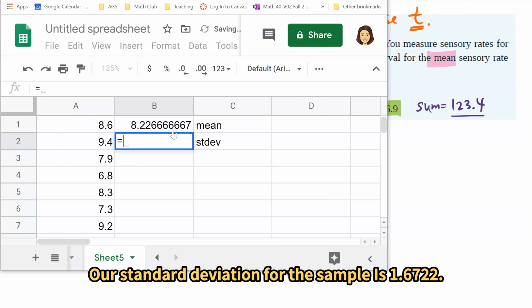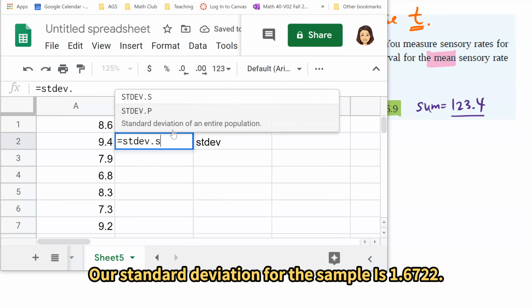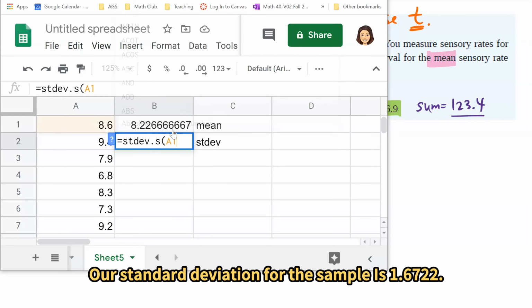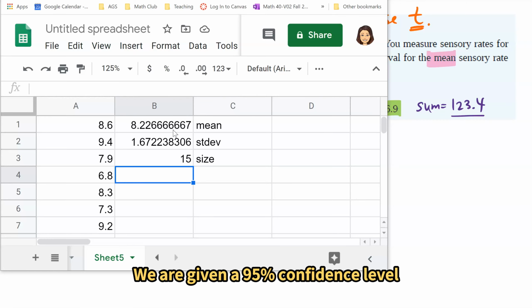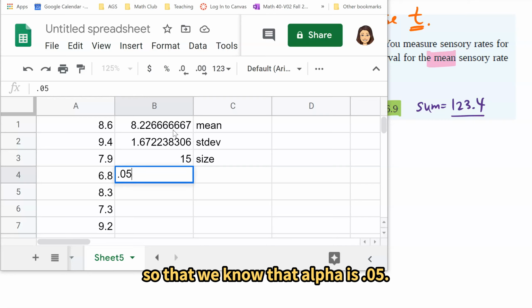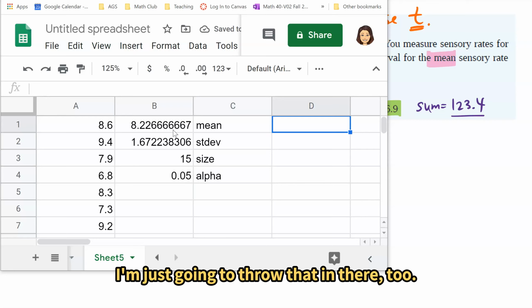Our standard deviation for the sample is 1.6722. And we also know that n is 15. We are given a 95% confidence level so that we know that alpha is 0.05. I'm just going to throw that in there too.